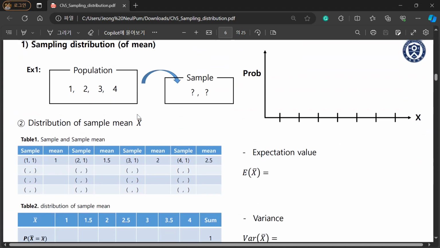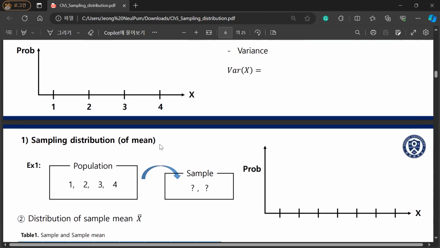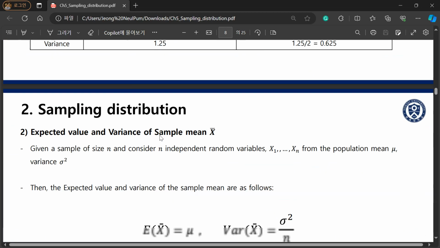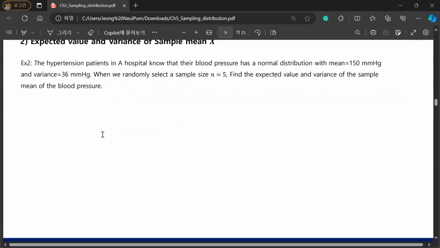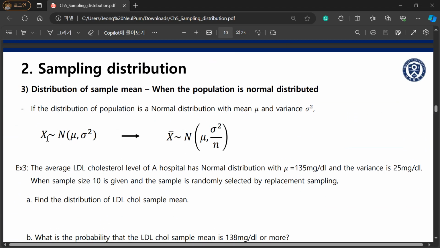Then I will assume that you already know about all of these notions, and let me just start with example number 3. The most important thing is that if our population follows the normal distribution, our sample mean also follows a normal distribution with a similar parameter, which is mu, the population mu.